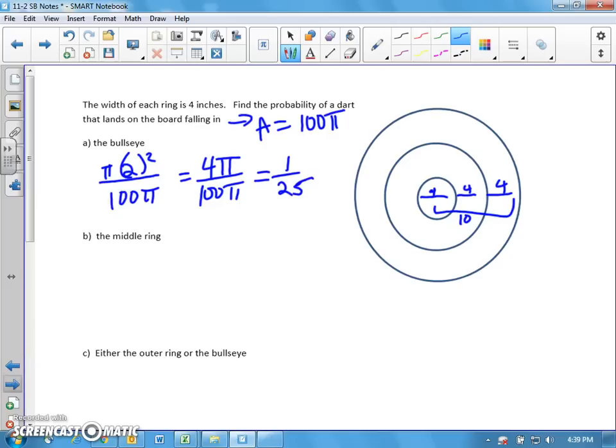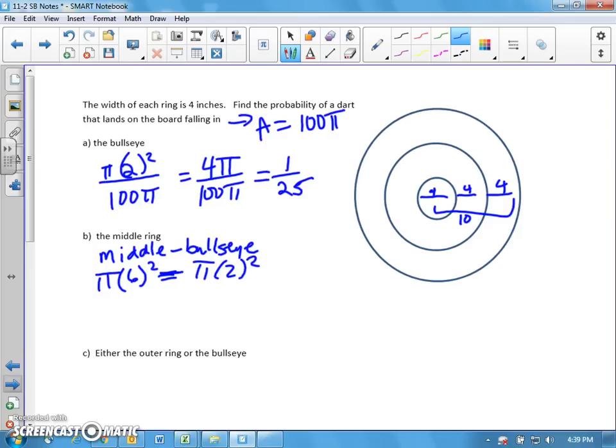The middle ring's a little bit trickier because I have to subtract that out. What I'm going to do here is the middle minus the bullseye. So this is going to be pi times the middle, which would have a radius of 6, minus the bullseye, which we've already calculated.